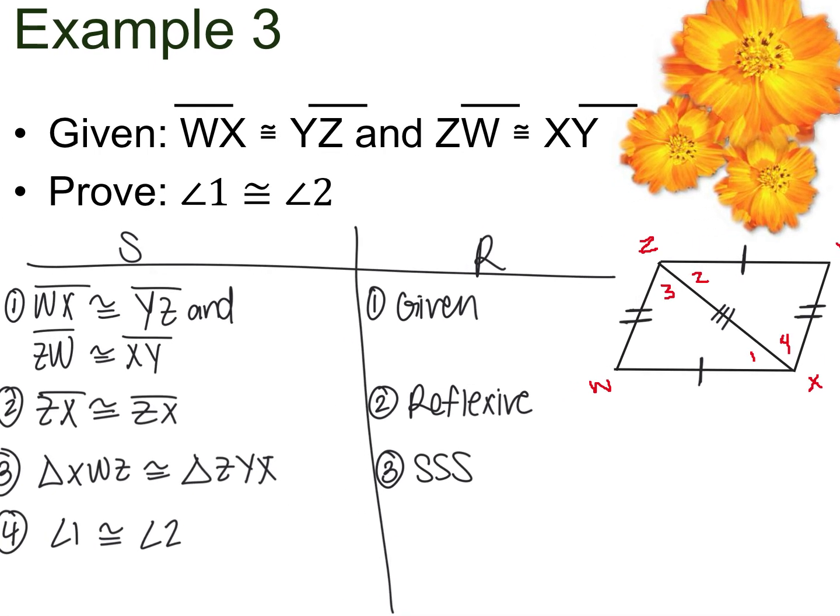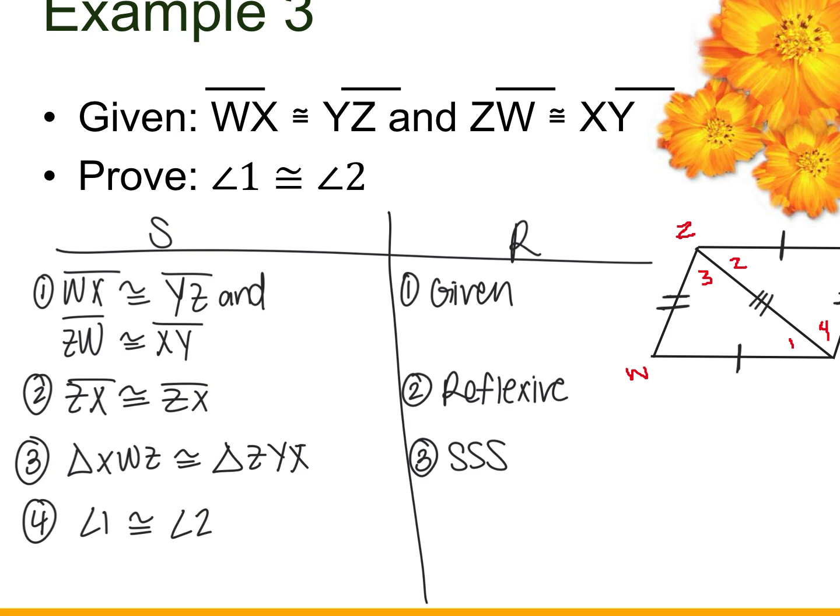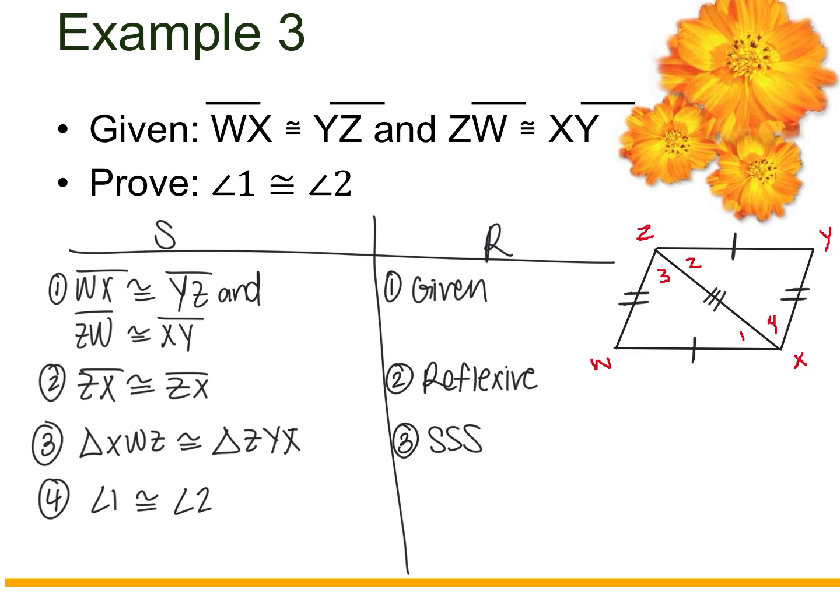If my triangles are congruent, and they are because we proved that they are, I can state that angle 1 and 2 will also be congruent because all my corresponding parts of my congruent triangles are going to be congruent. So your last one should have been CPCTC.